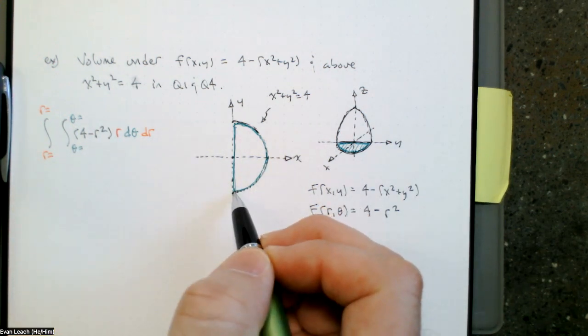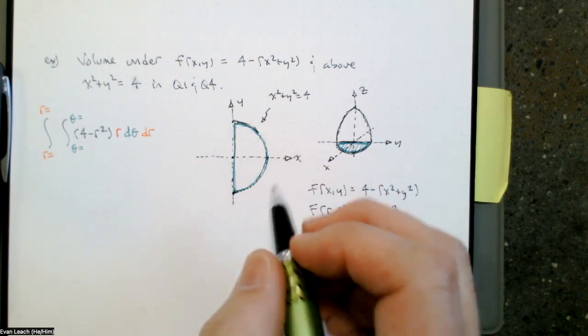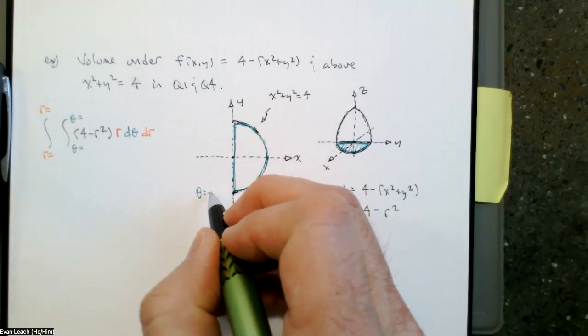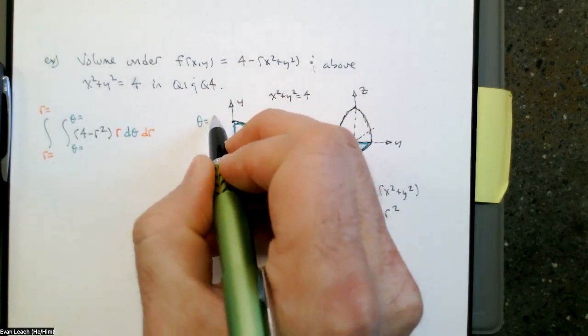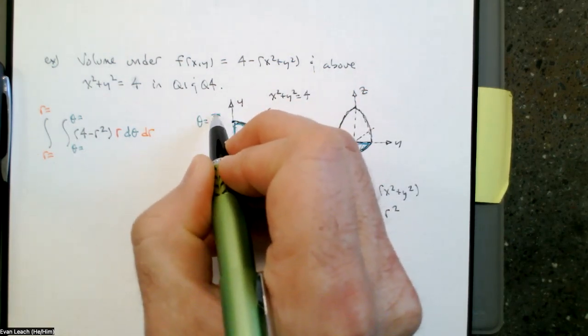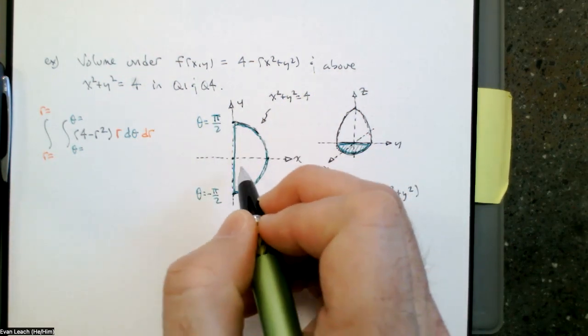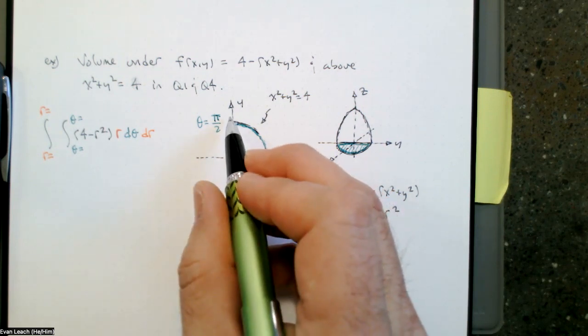Theta is just from here, negative pi over 2, to positive pi over 2. So down here is where theta is equal to negative pi over 2, and up here is where theta is equal to positive pi over 2. Here's where theta is equal to 0. We don't care about that right now.